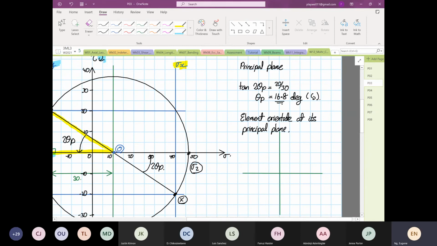So this is going to rotate now. The principal plane is going to rotate anti-clockwise 16.8 degrees. I have a compass but no protractor down here, so I'm eyeballing.